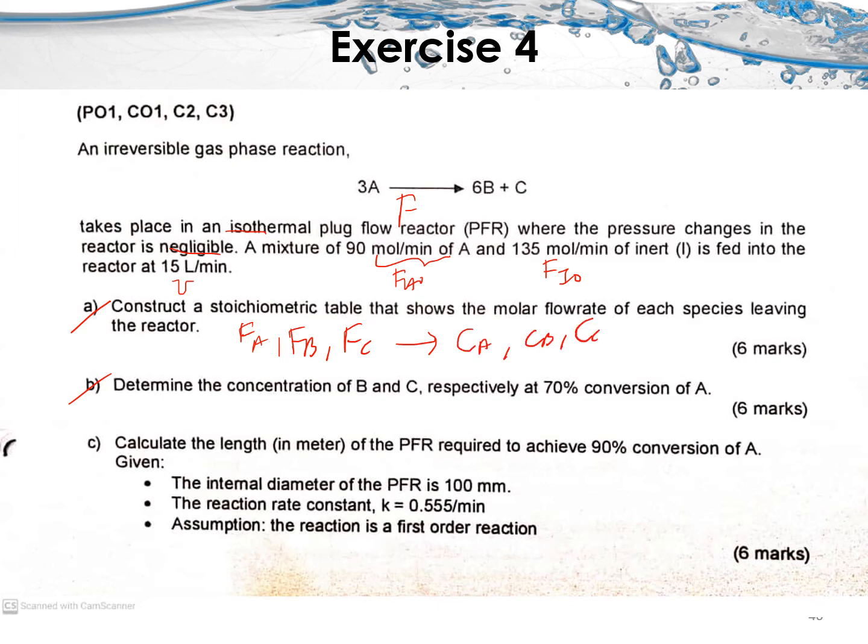The values for this one, I will just write. You try to do it on your own, because you must do the exercise yourself, otherwise you wouldn't know which part you don't understand.